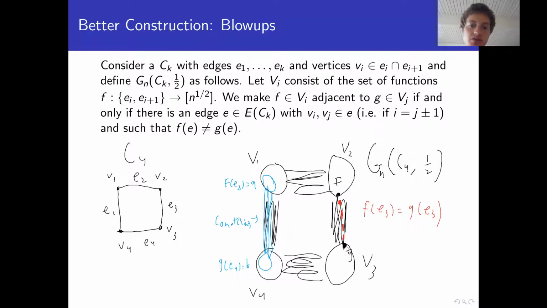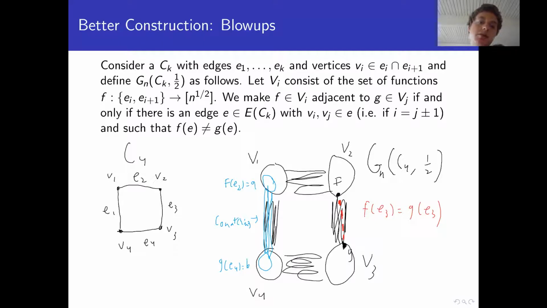And g over here does something similar, but for E4 and E3. And we'll make f and g non-adjacent to each other if f sends E3 to the same value that g sends E3. In some sense, this means they're not in conflict with each other, and we'll add edges between any 2 functions which are in conflict with each other in terms of this common edge. So that's basically what's going on here. Again, you should have in mind the weird looking blow up of a C_K graph cycle.